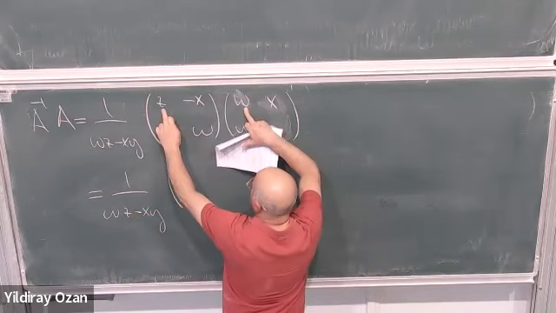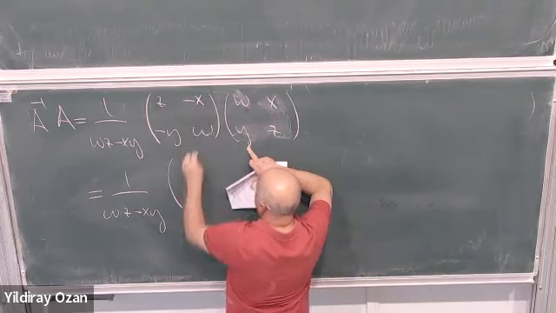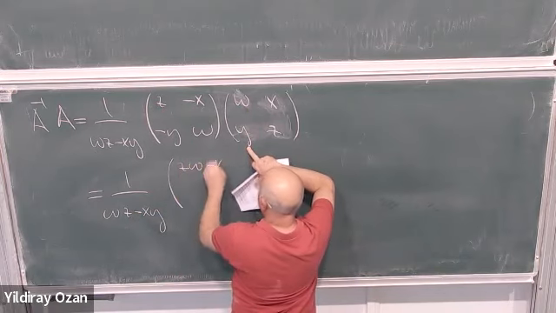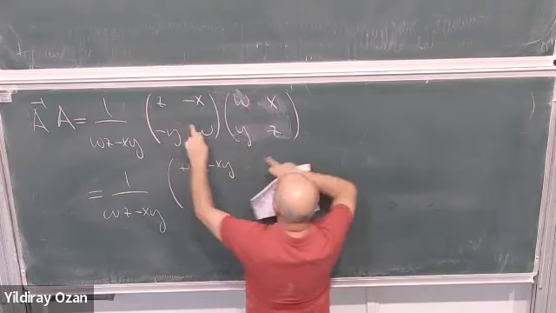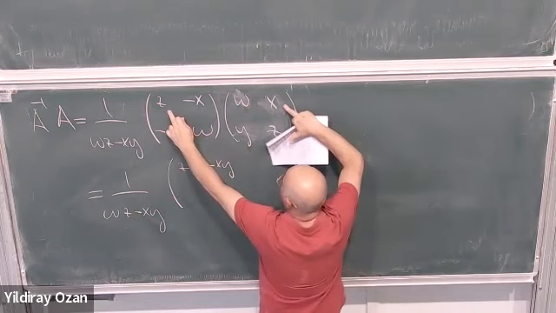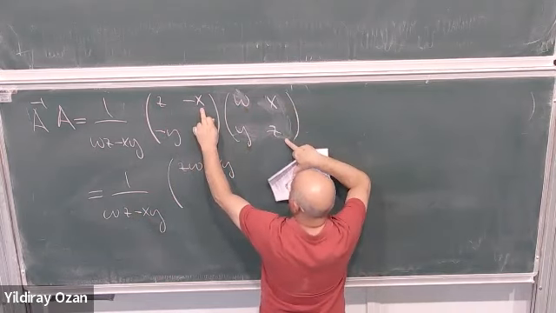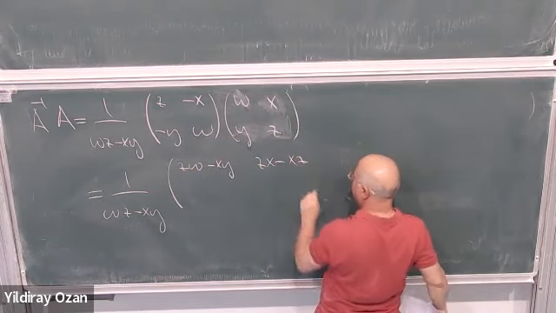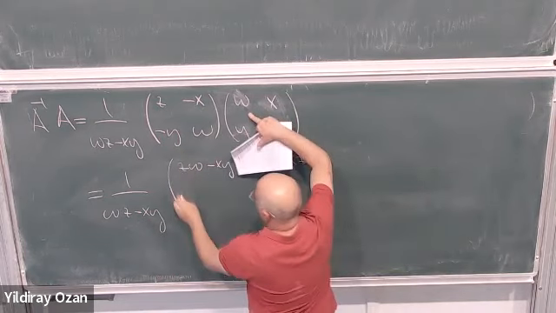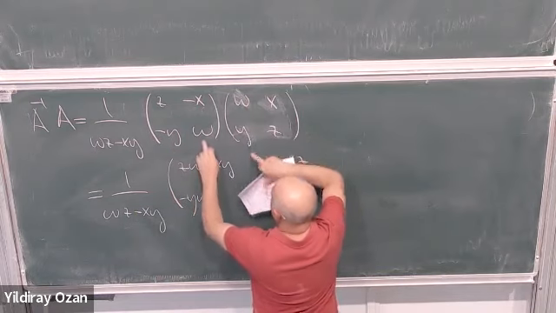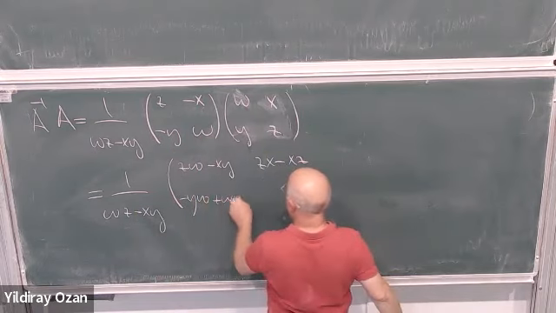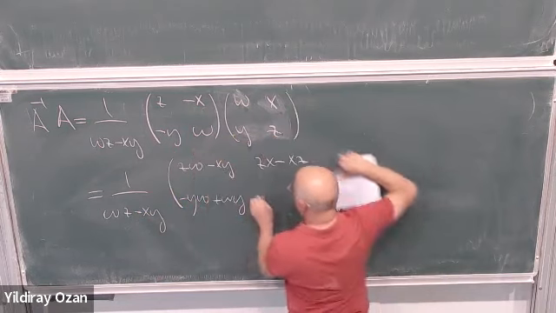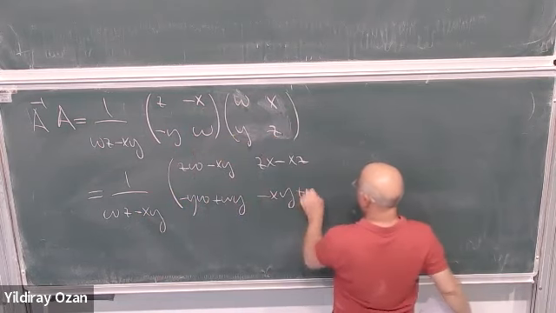Z times W minus XY. This is the first entry. And then Z times X minus X times Z. Minus YW plus YW. Minus XY plus WZ.